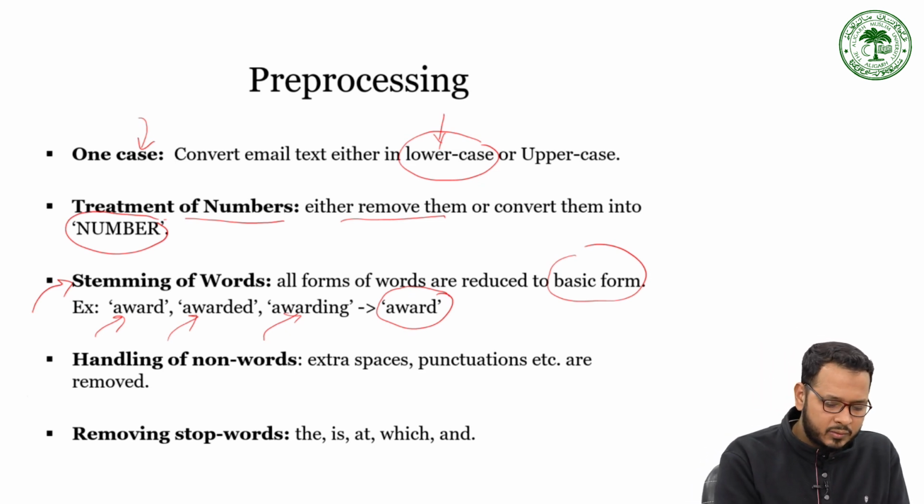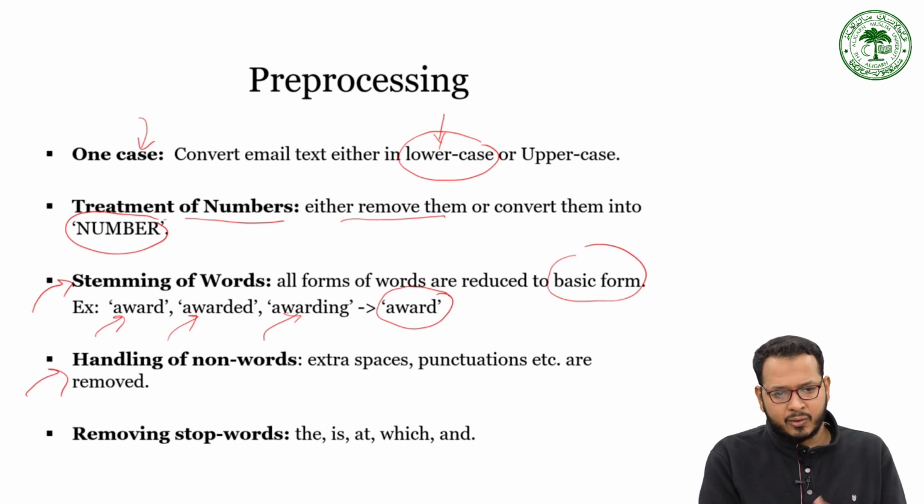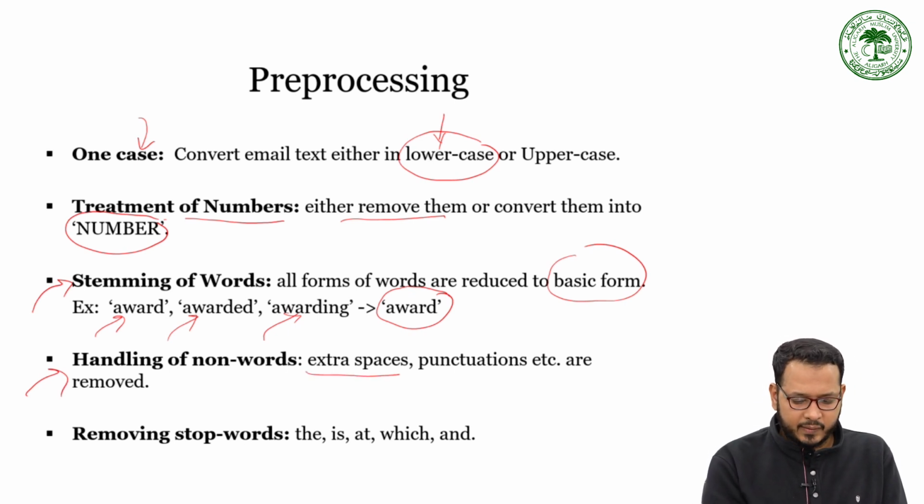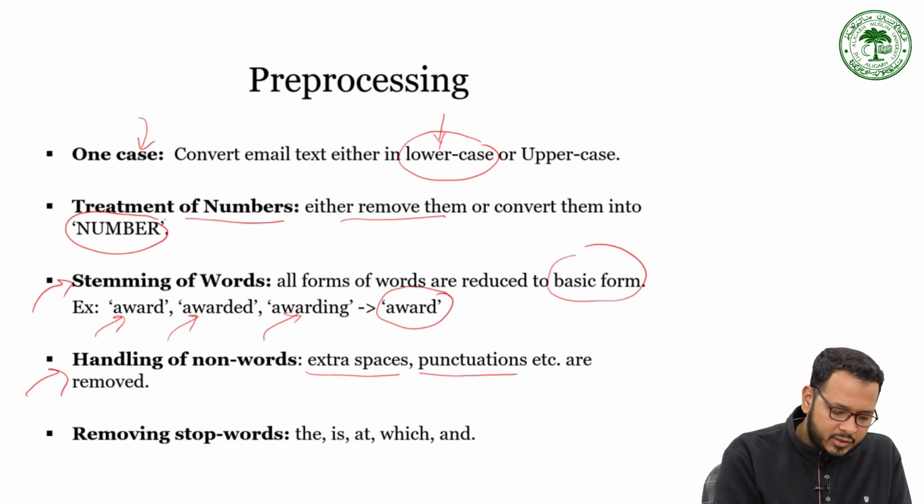Similarly, we also remove what we call the non-words, which means if there are extra spaces in the email, if there is punctuation in the email, and so on. I mean, these kinds of extra characters, they are removed. And we also remove the stop words.